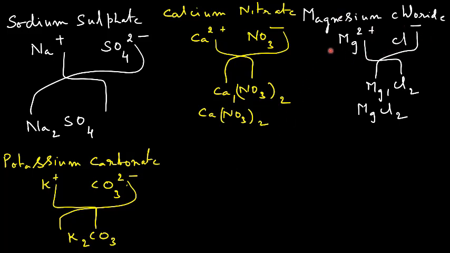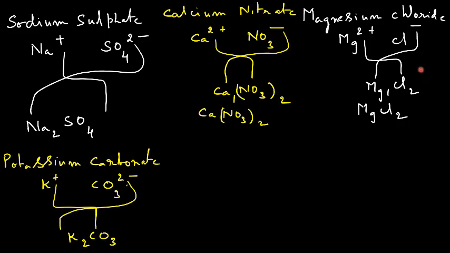Magnesium chloride. The magnesium radical is Mg2+, chloride is Cl−. So here 2 units of positive charge, here 1 unit of negative charge. If the magnitudes are exchanged, this is Mg1 Cl2. Observe here the bracket was not kept, whereas the bracket was kept here.